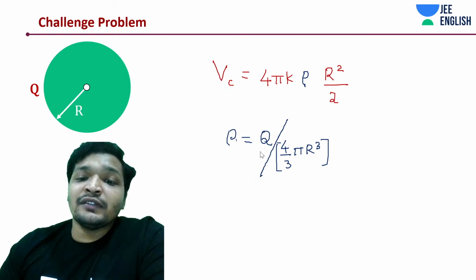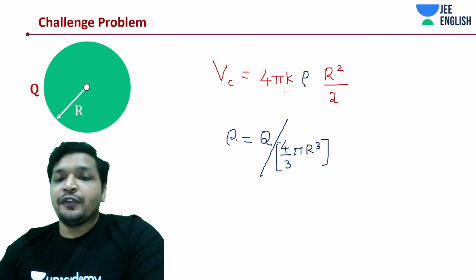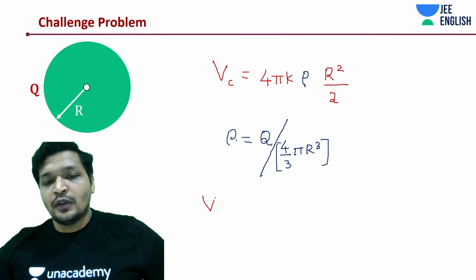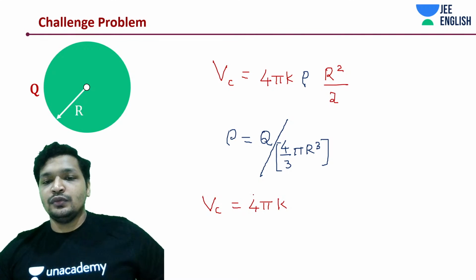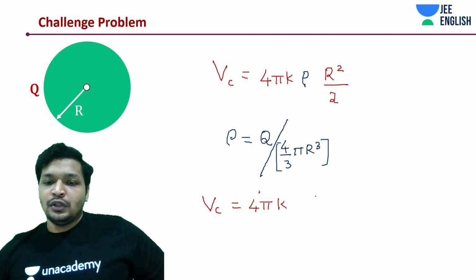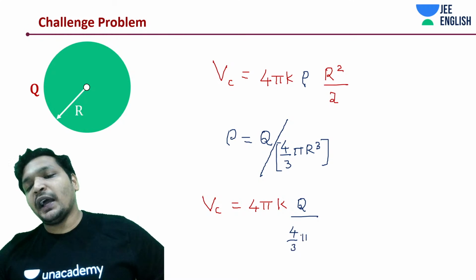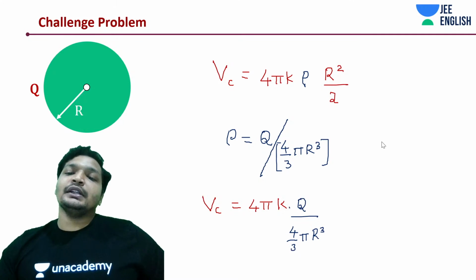Now just substitute the value of rho, guys. That's all you need to do. Okay, let's do it. Vc is equal to 4 pi into k into q divided by 4 by 3 pi r cube, into r square. Let's say square, then correct me, it was cube.